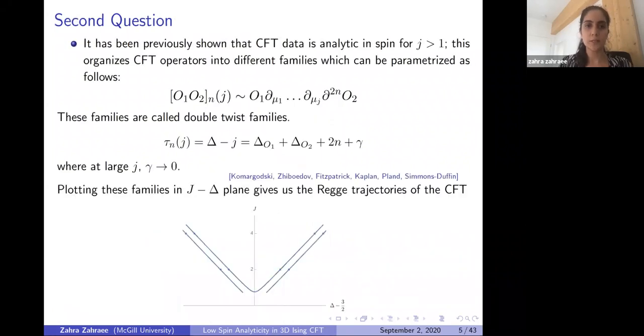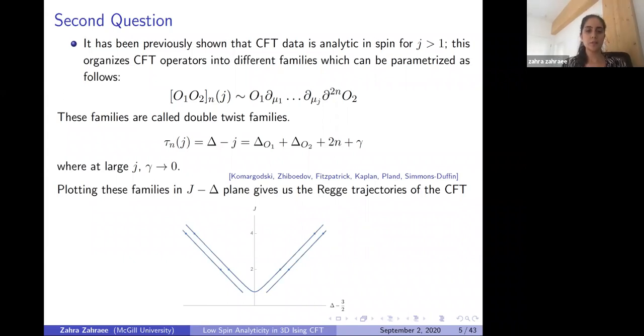The second question has the following setup. It has been previously shown that the CFT data is analytic for j bigger than 1. This organizes CFT operators into different families, which can be parameterized in terms of spin and twist, where twist is given as conformal dimension minus spin. Here, gamma is the anomalous dimension, which at large j approaches 0.